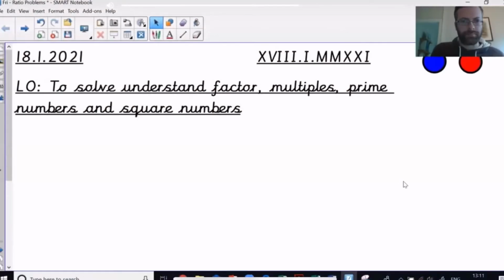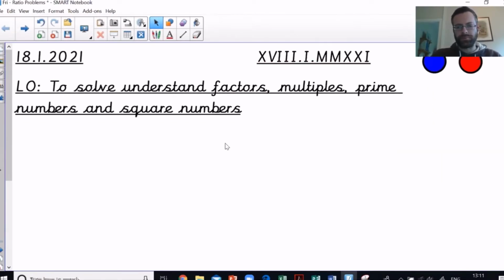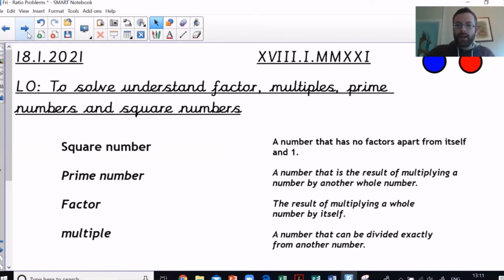Welcome to my screen. Now, like I said, we're looking at factors, multiples, prime numbers, and square numbers. So, as we get into that, little thing for you to think about while you're watching this video, can you match up which one of these definitions goes with which of the things we're looking at? So, we've got square numbers, prime numbers, factors, and multiples. So, a number that has no factors apart from itself and 1, which one do you think that goes with?